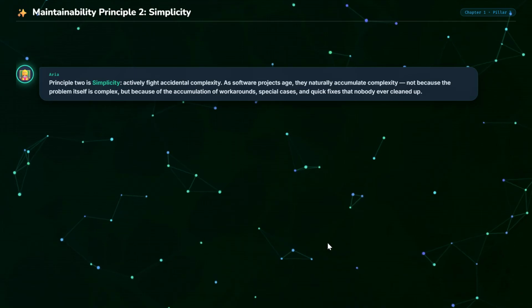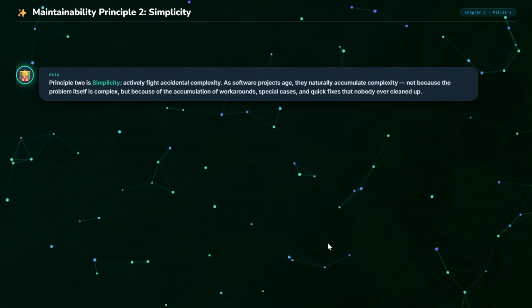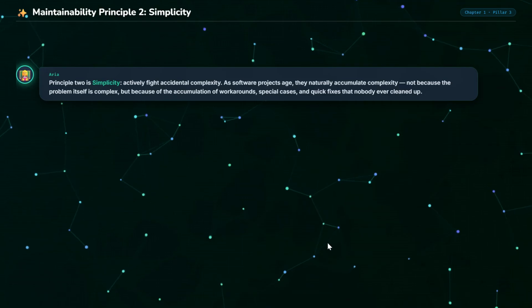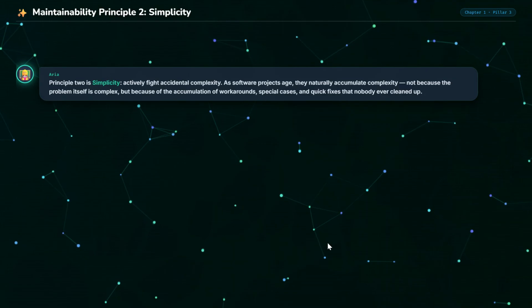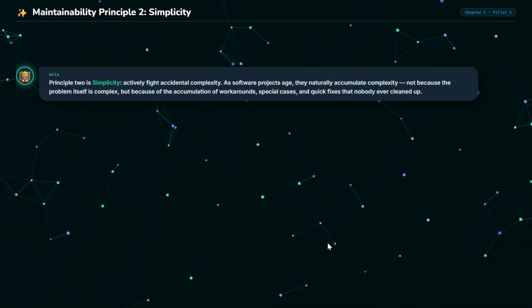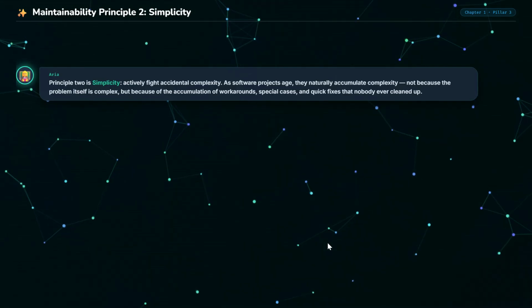Workarounds for old bugs that nobody cleaned up. Special cases for edge conditions that no longer exist. Quick fixes from a 5-year-old deadline that became permanent. Global state that no one remembers the purpose of.